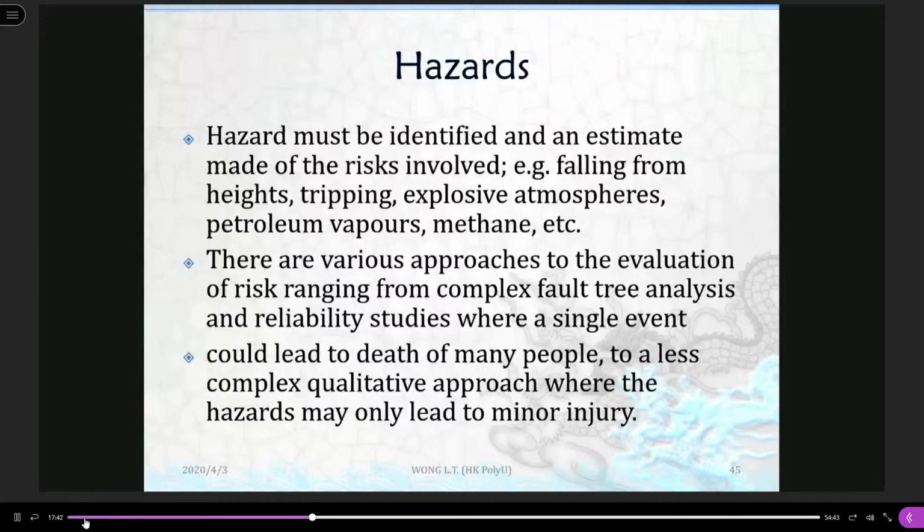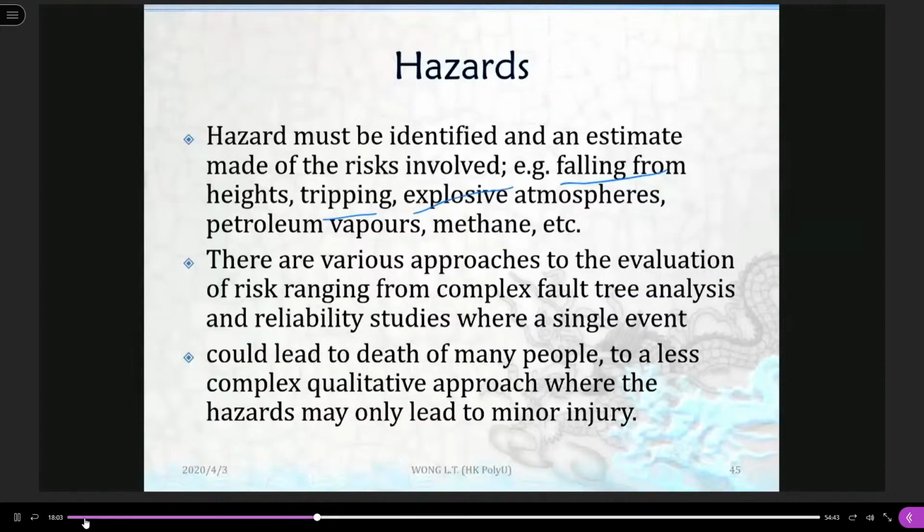The hazards must be identified clearly, and an estimate made based on the risk involved. This estimation is not necessarily quantitative; qualitative is sufficient. Here I provide you some examples: falling from heights, tripping, explosion.